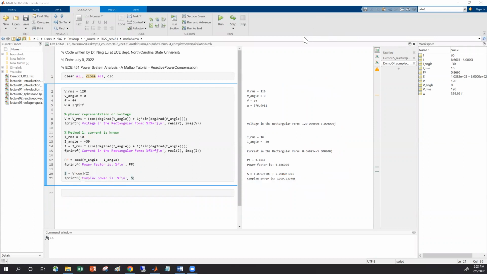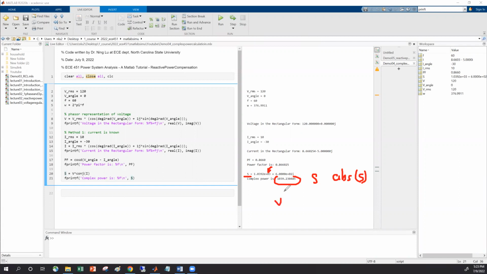One thing that you need to notice is that if we simply let it print out S, it will only print out the real part of it. If we want to print out the magnitude of S, we should do the absolute value of S, okay?